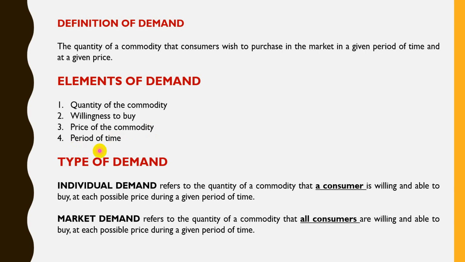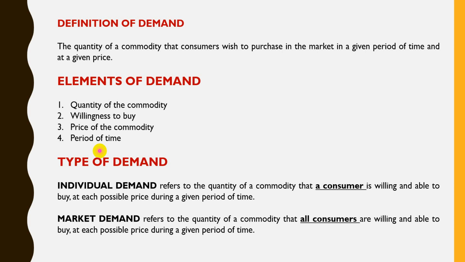Fourth is the period of time. Demand is always expressed with reference to time. Even for the same commodity, demand may change depending upon the time period under consideration. For example, demand for umbrellas is more in the rainy season as compared to other seasons.